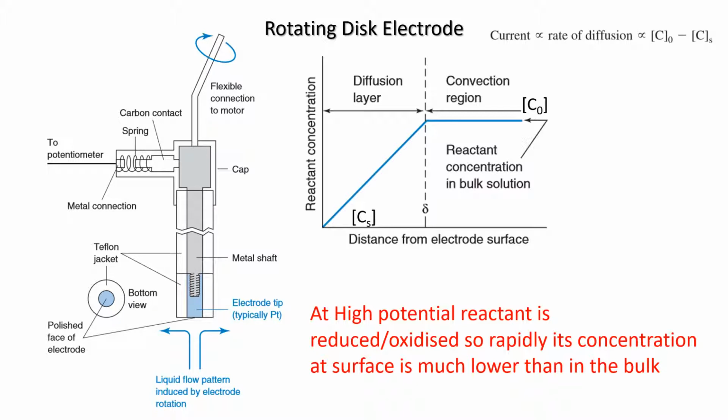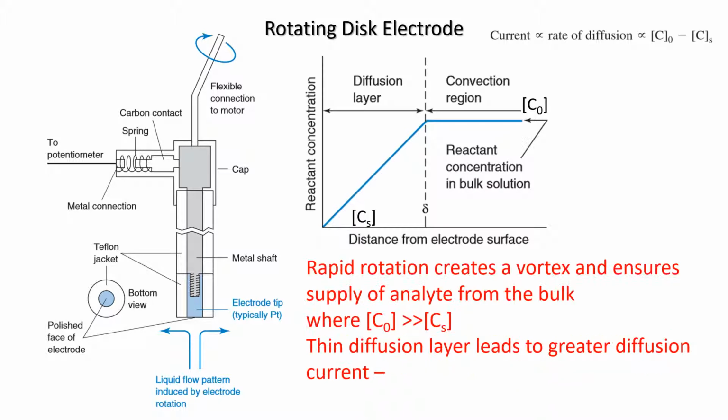Now the point of the spinning disk electrode is there's a polished electrode surface that spins rapidly and creates a vortex, and this ensures the supply of analyte to the surface, and it also ensures that the rate of reaction is proportional to the current and to the concentration in the bulk.